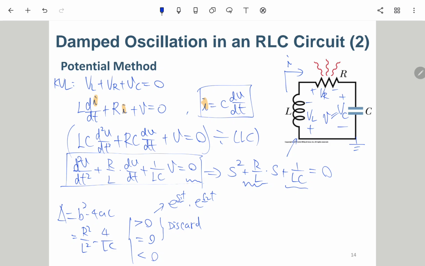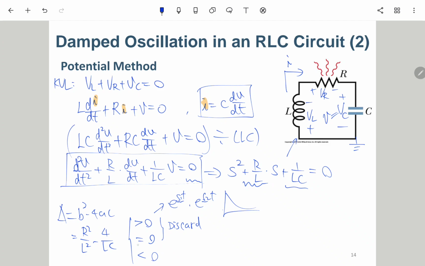In such a way, we have an exponential with a negative exponent, which decays and then vanishes. So we don't really like this because it's just decaying.